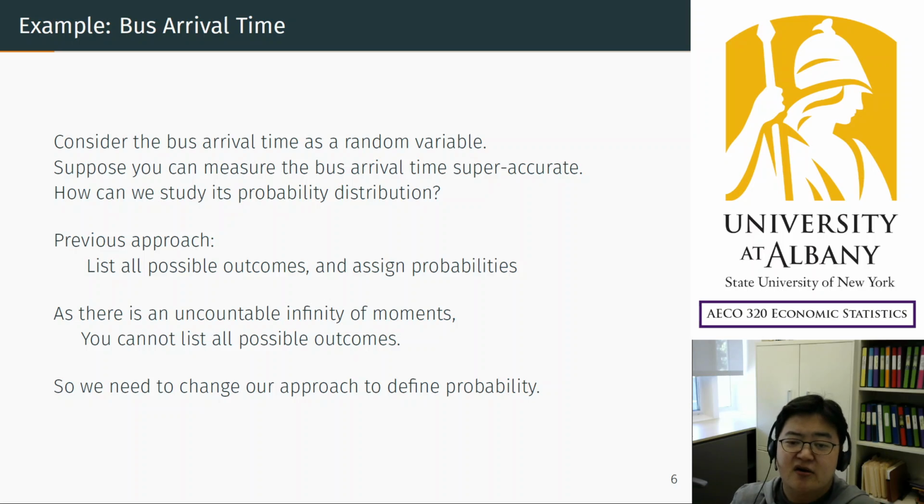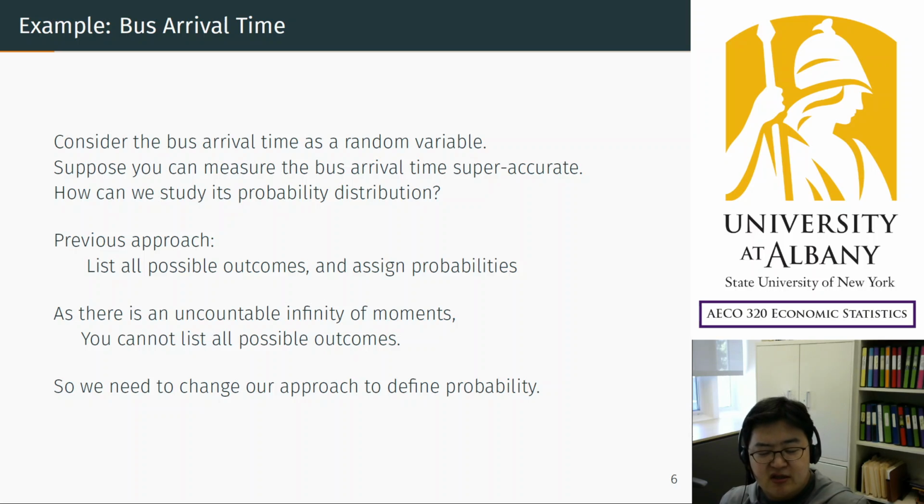There are uncountably many outcomes, like there are uncountably many time moments within a time interval. So our approach is not applicable. That's the problem. When you handle a continuous random variable, you cannot make a table with all the possible outcomes.